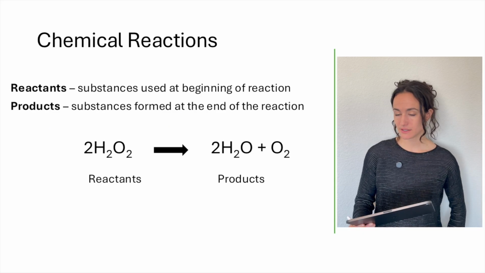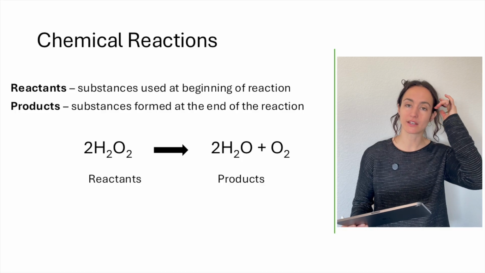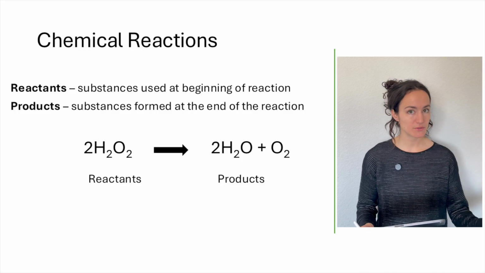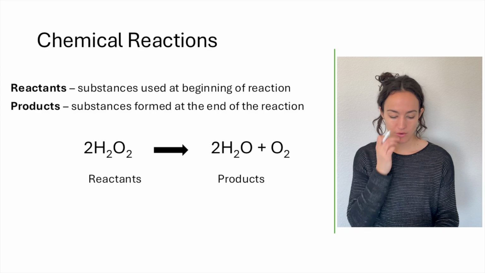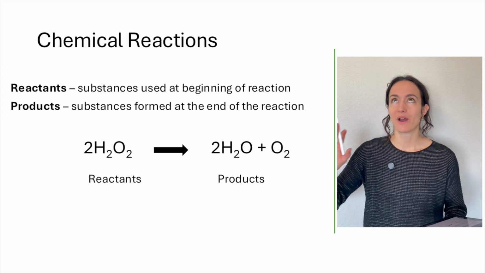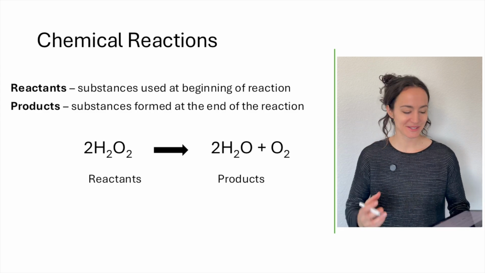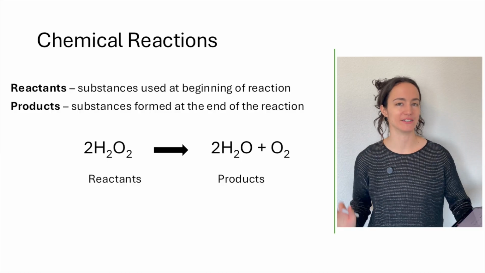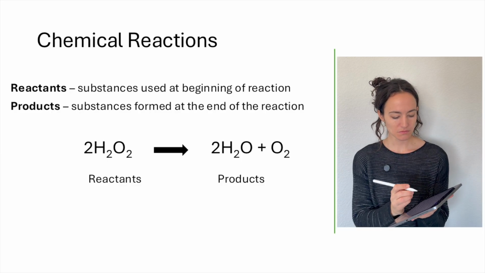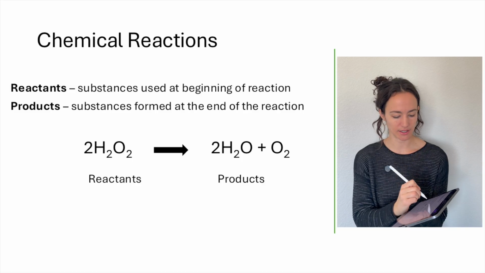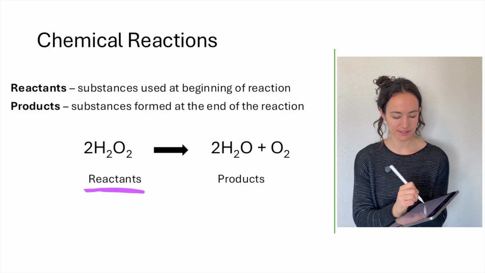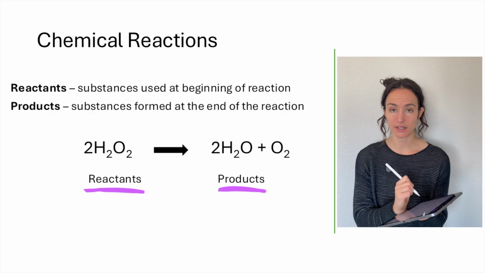Last thing I want to talk about in this video is laying down the groundwork for talking about chemical reactions. Maybe you've seen them before, but they are written out as compounds or molecules on either side of an arrow. So if we are reading left to right here, I have my reactants that create products.